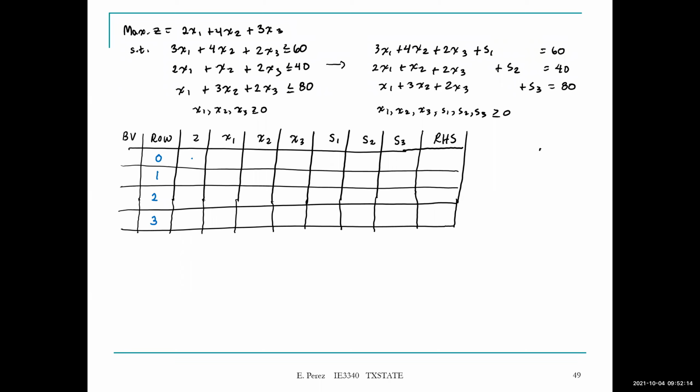So Z, remember that we set up our objective function in this way: Z minus 2x1, minus 4x2, minus 3x3. So we're going to use those coefficients for row 0. This is minus 2, minus 4, minus 3, S1, S2, and S3. All of them are 0.